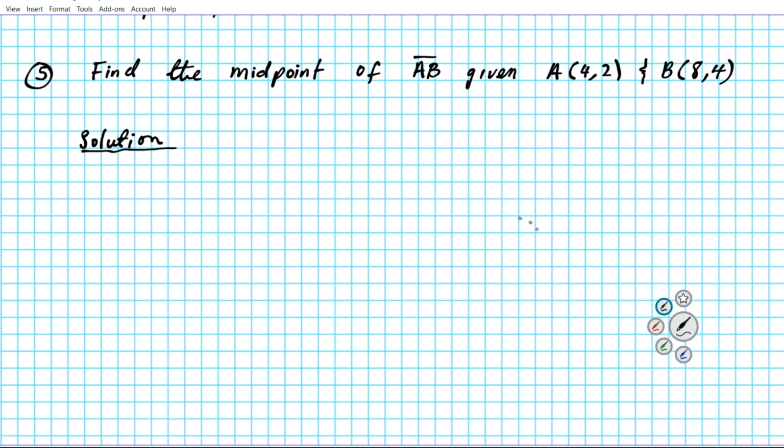Let's refresh our memory on what the midpoint formula is again. So your midpoint formula is the average of the x's, x1 plus x2, comma, the average of the y's, y1 plus y2, over 2. Like that. Okay.